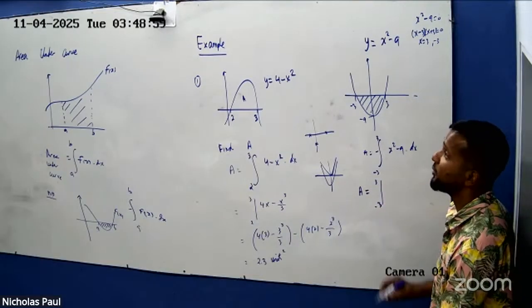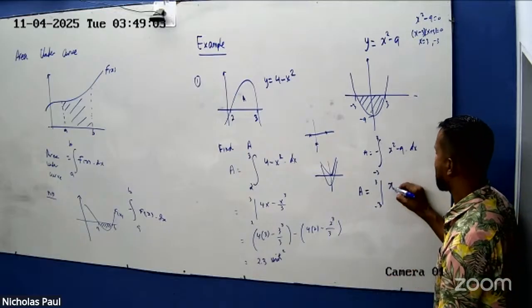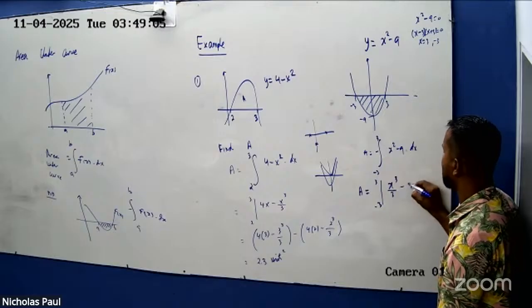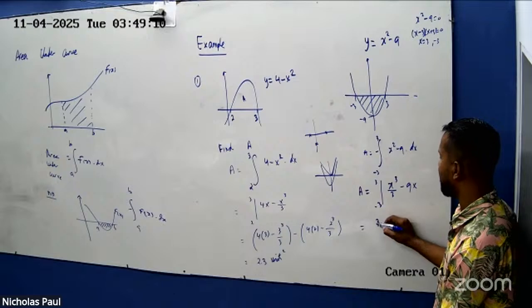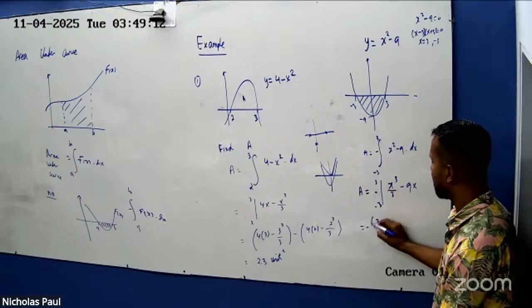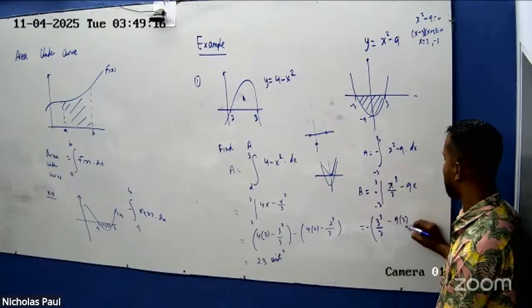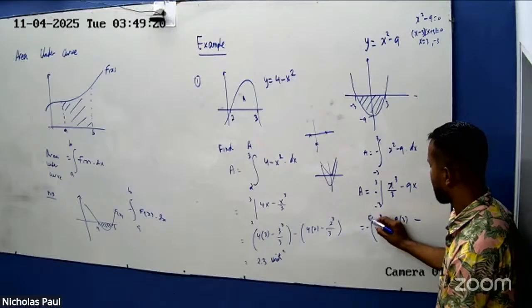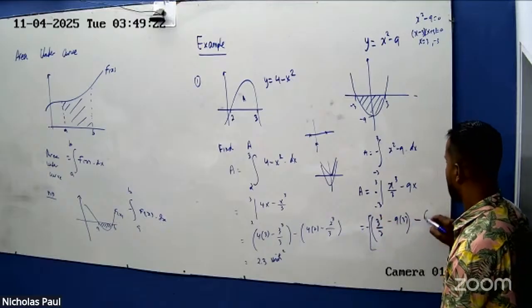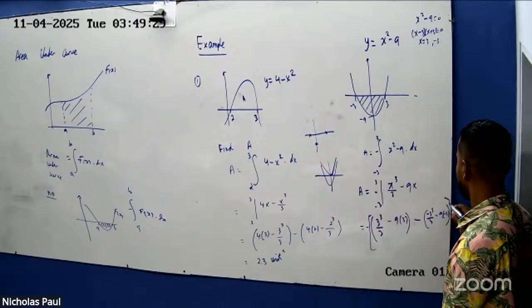Any answers online? x cubed over 3 minus 9x. So plug in 3, don't forget the minus sign earlier. So that's 3 cubed over 3 minus 9 by 3, minus the same with minus 3.